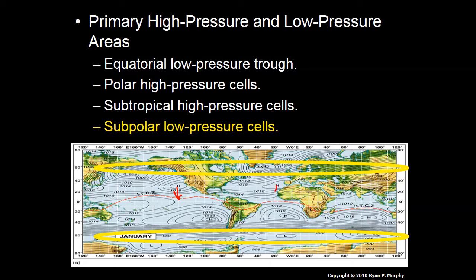So again, this is kind of a right turn here. So in general, we're going to get some air moving kind of in this direction from sort of northeast to southwest, like that. Now here we have high pressure moving towards low pressure, but again, it's going to take a right turn.